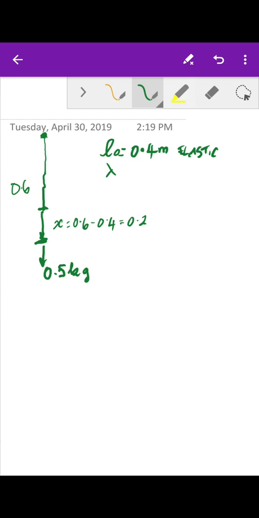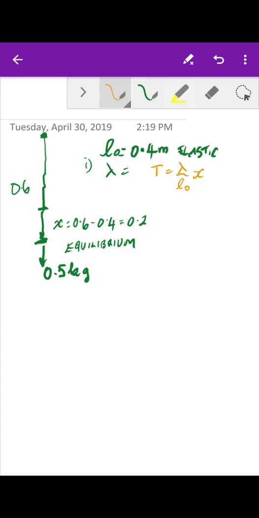Now, this is just hanging naturally. So this is at equilibrium now. So if it's at equilibrium, what is the modulus of elasticity? So part 1. The modulus of elasticity is the formula, the tension equals modulus divided by natural length times the stretch.